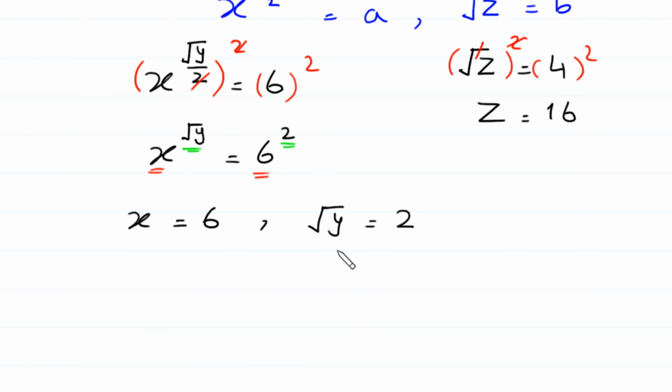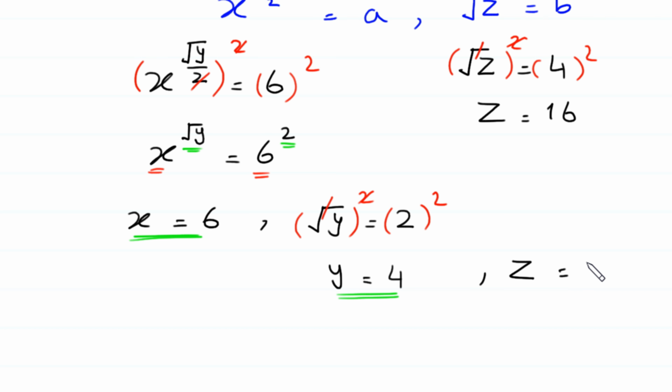Next, to find the value of y, we take square of both sides. This square will be cancelled with this square root, and y is equal to square of 2, which is 4. So the value of x is 6, value of y is 4, and value of z is equal to 16.